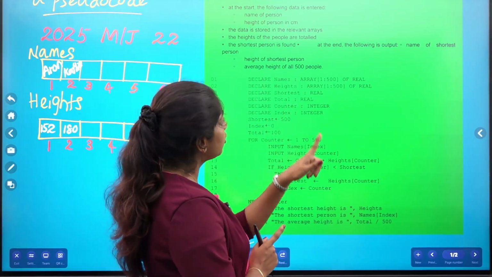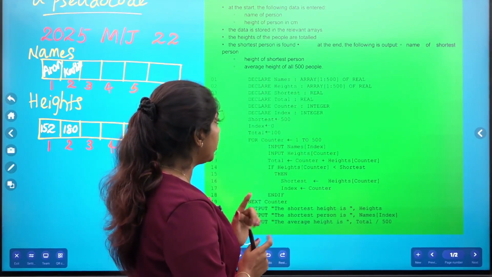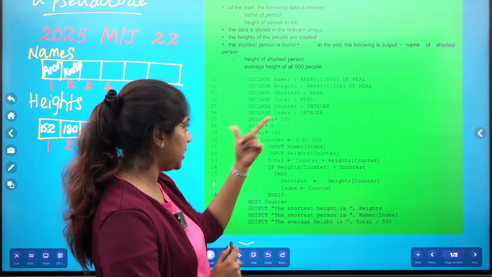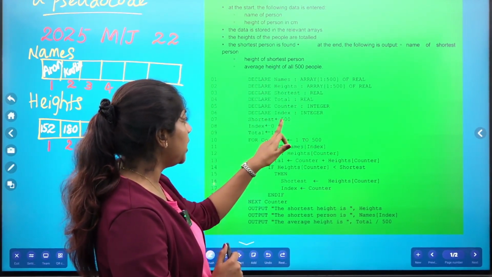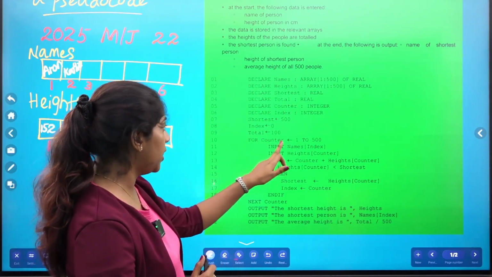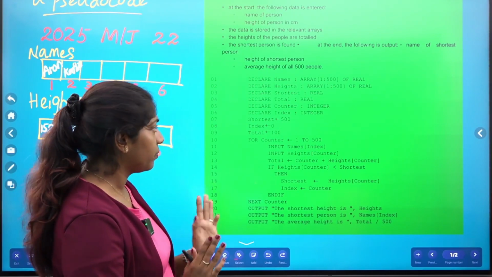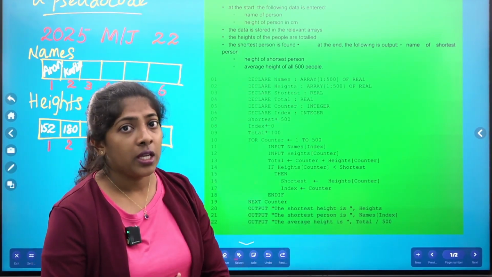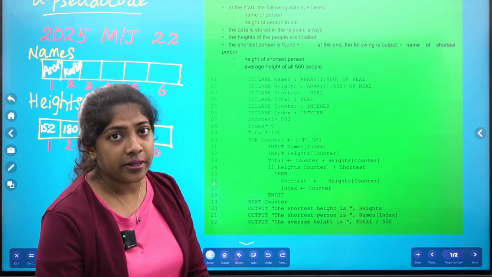Declare shortest real, declare total real, declare counter integer, declare index integer, shortest equal 500, index equal 0, total equal 100. So like this they have given the entire algorithm, which is incorrect.